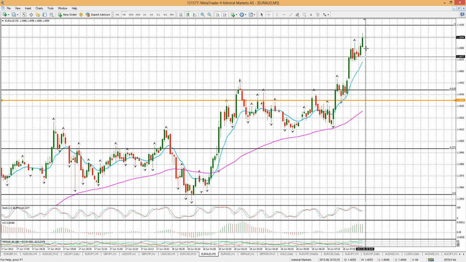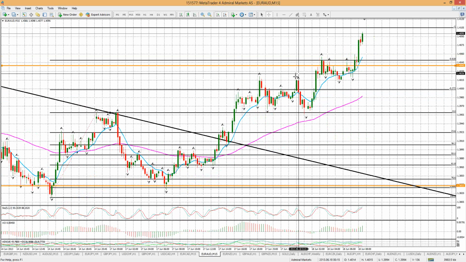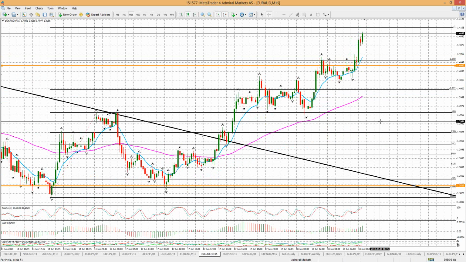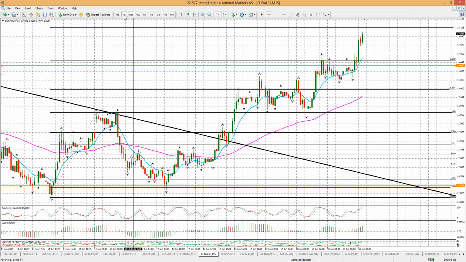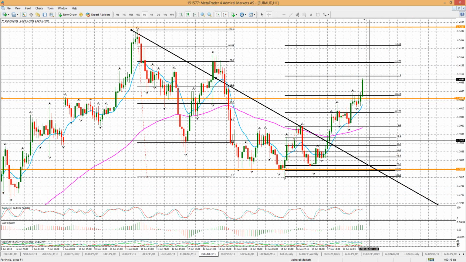But still think we'll make a retrace. Let's see, 50-minute world. But maybe a bit later, because something probably like this will have to happen. Or like this. So let's see, 1 hour chart.